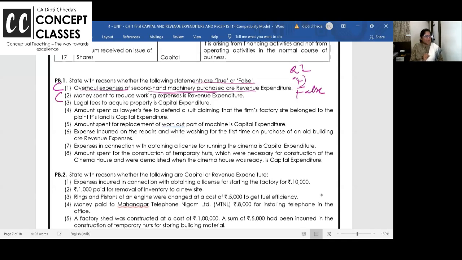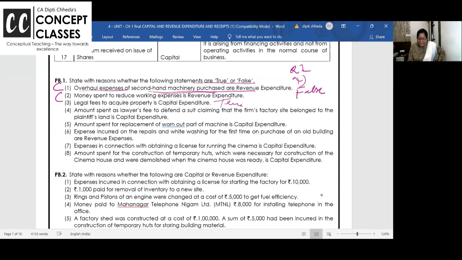I'm writing here also, CC. Legal fees acquired to acquire the property. Is it a capital expenditure? What is the answer? True or false? Answer is true. Before I purchase a building, I give the building papers to my advocate to verify that the name is correct. They will give a paper that someone else is not the holder and everything is correct or not.